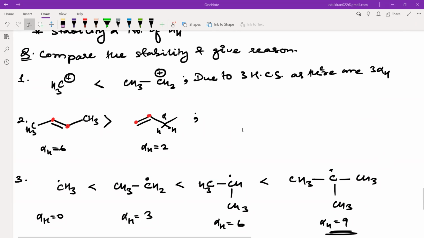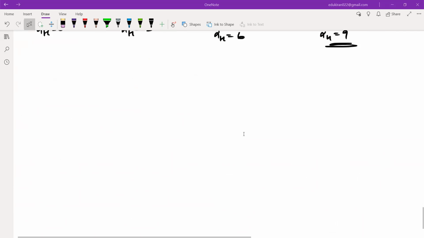So in the next class, we will be studying how to compare the stability of carbocation, carbanion, and carbon free radical. We will be using all the electronic effects that we have studied till now. That is the inductive effect, the mesomeric effect or resonance, and the hyperconjugation.